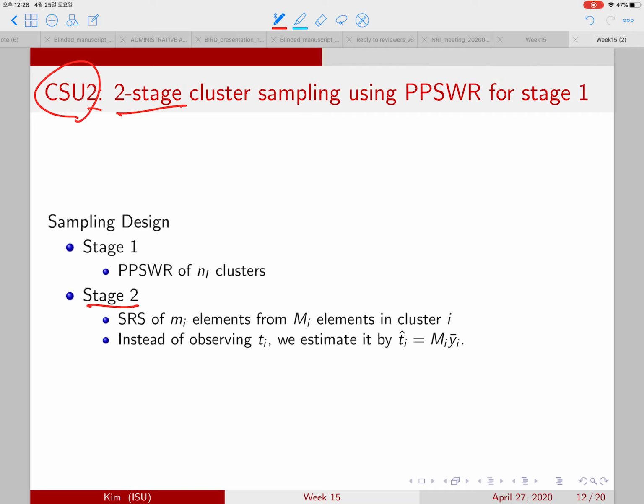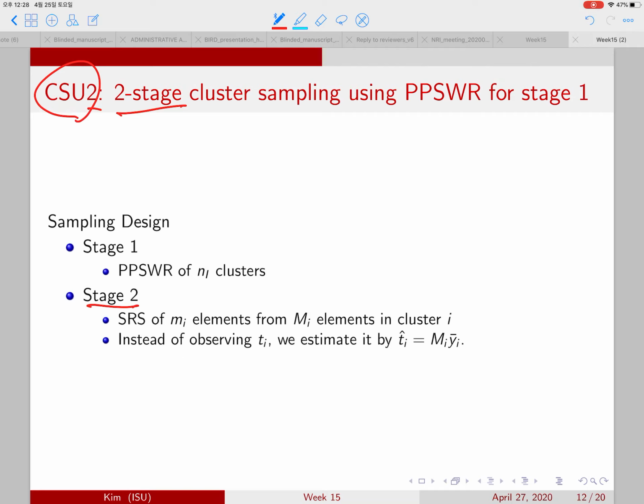The only difference is that previously we observed T_i, but now we don't observe T_i. So we use the estimator T_i hat and construct capital K. The form itself is essentially the same: the sample mean of T hat k.